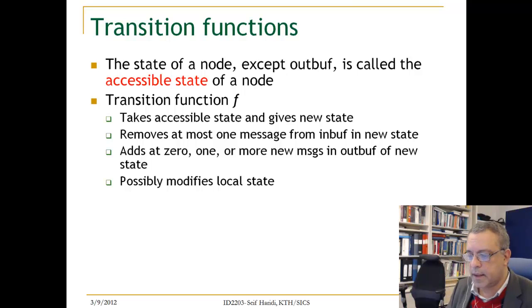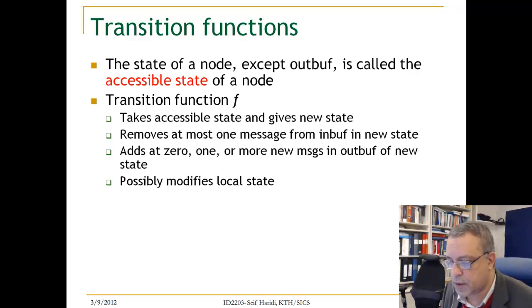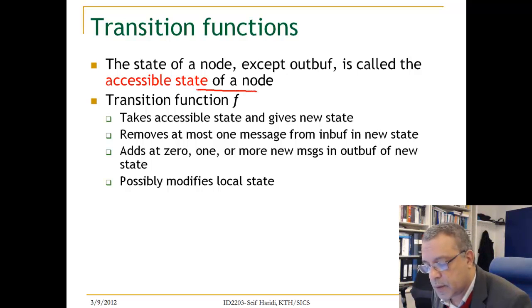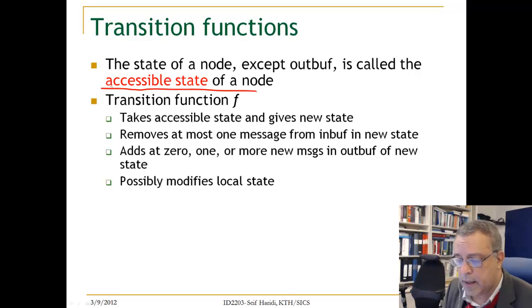So what are state transition functions? The state of a node, except the output buffer, is called the accessible state of a node. And I think this is clear why. Because when a node does a computation step, it depends on the message received on the input buffer and the local variables of that node.